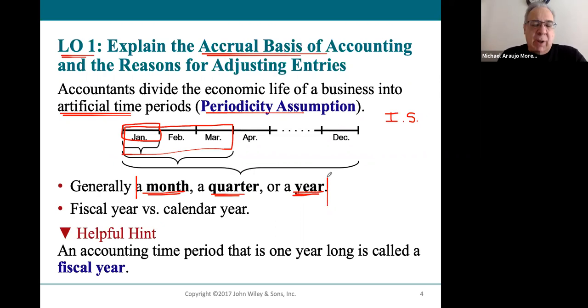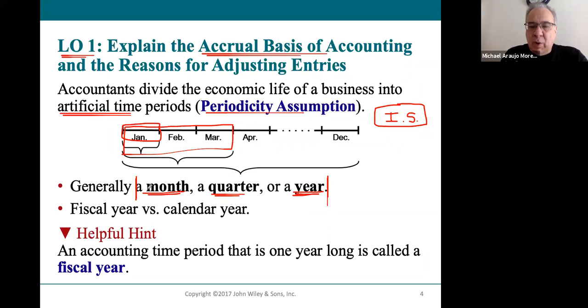They've been in business for well over 120 years. So what does that mean? Well, they've had to measure their income statement for 120 years. Okay. But they had to do it in no longer than yearly periods of time. And so this is really what we're talking about.